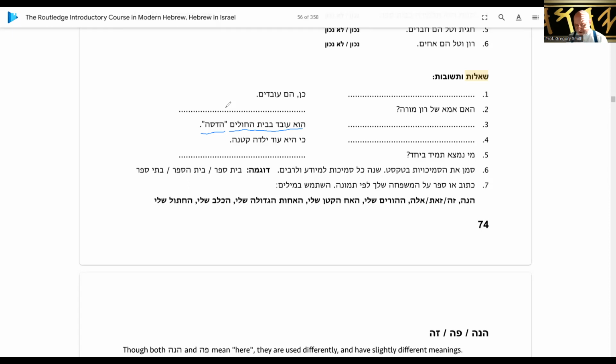Yeah, what does your father do? Okay, I think that'll work. מה עובד אבא שלך? So what does your father do? And then here's the answer. Hu oved baveit haholim, he works in a house of sickness, Hadassah, the name. So it's like a hospital, Hadassah Hospital. That's essentially what that's saying. So let's put this, now we could ask from the third person, or maybe what they're looking for is like, what does Ron's father do? Well, I'm just going to put, what does your father do?